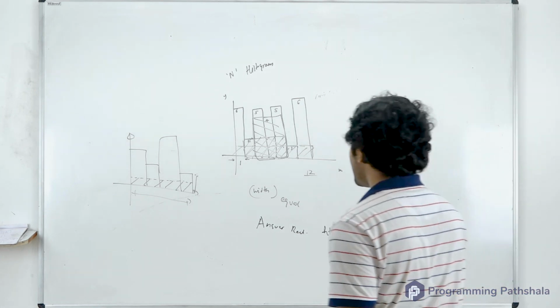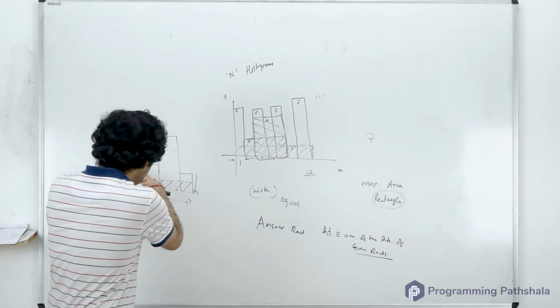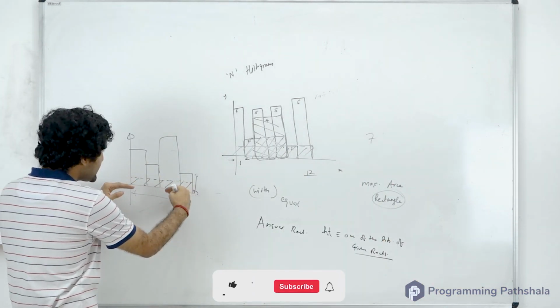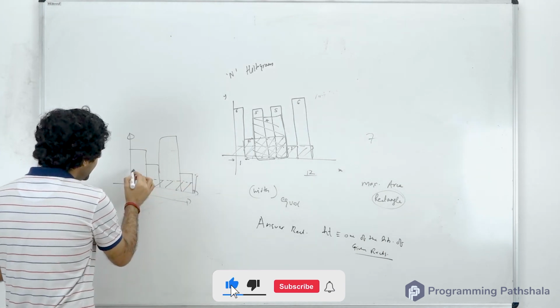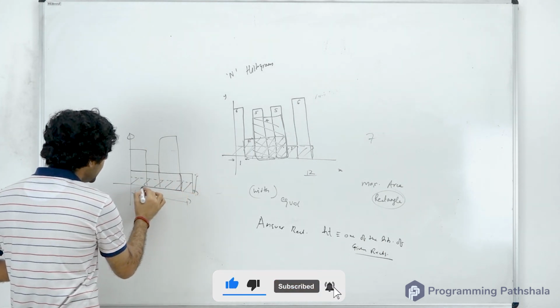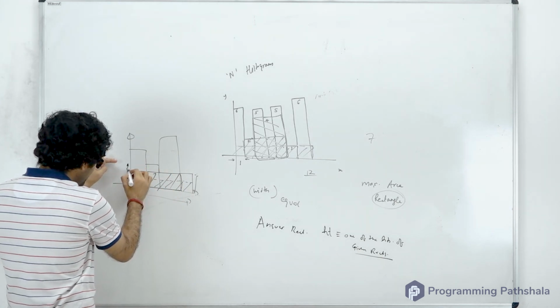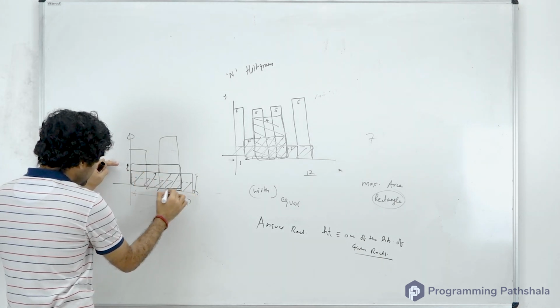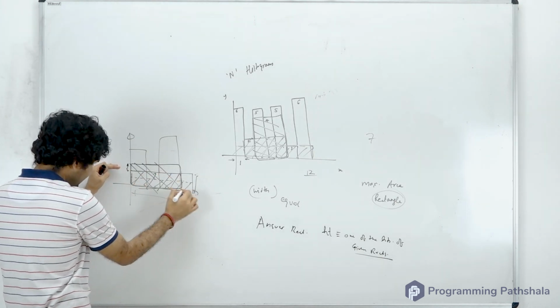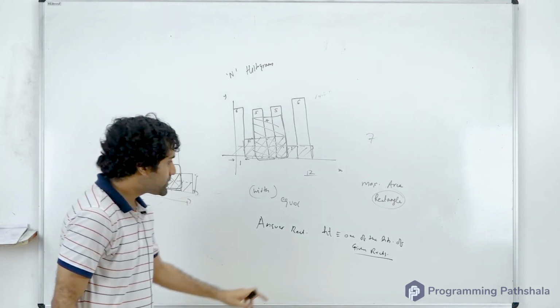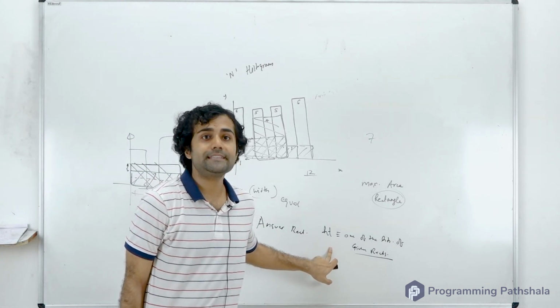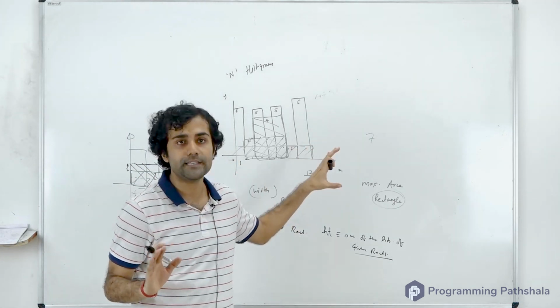That's the reason it was important, because if let's say this was your answer, then why are you settling for this much? Why not go ahead? If somebody says that, hey, this is my answer, I would say that, hey, why just this much? Why can't you go till here? This will give you even higher area, right? So I know that the answer rectangle's height will be the height of one of the histograms.